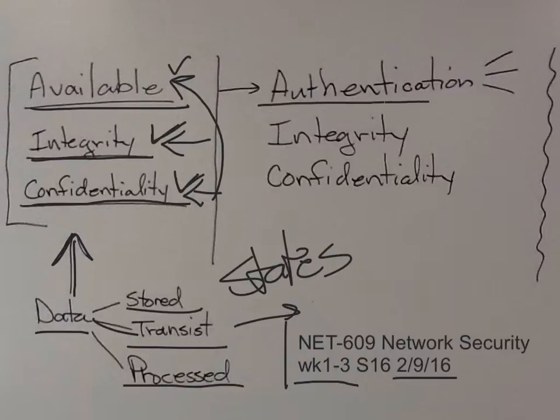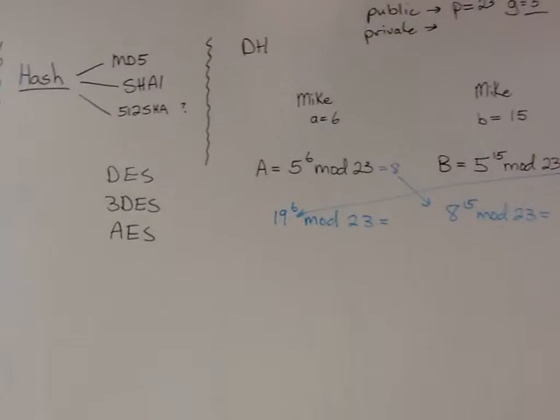So we talk about authentication to allow people to access the data, and then we talked about those already. We talked about hashing and encrypting, MD5, SHA-2.